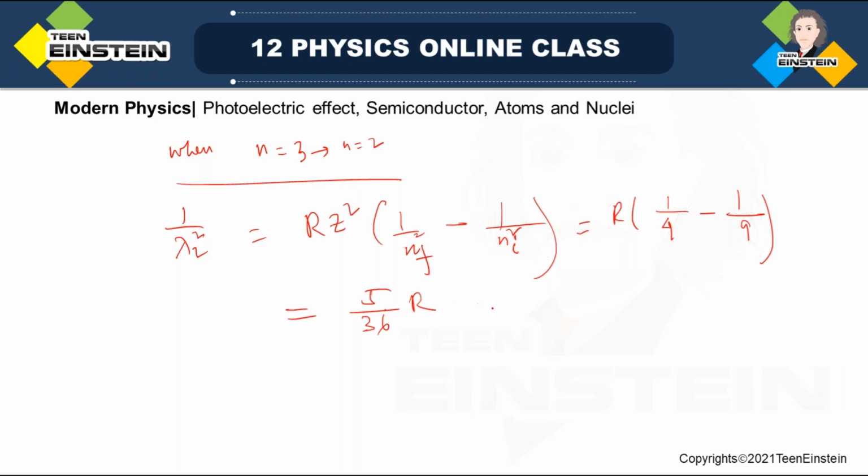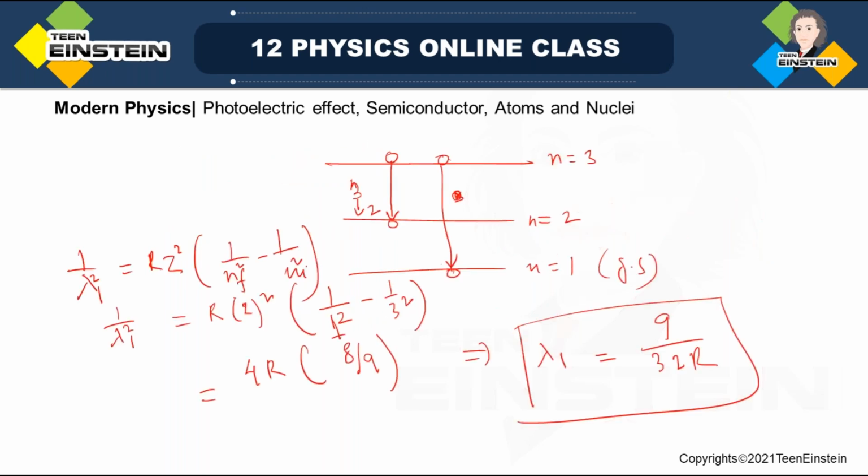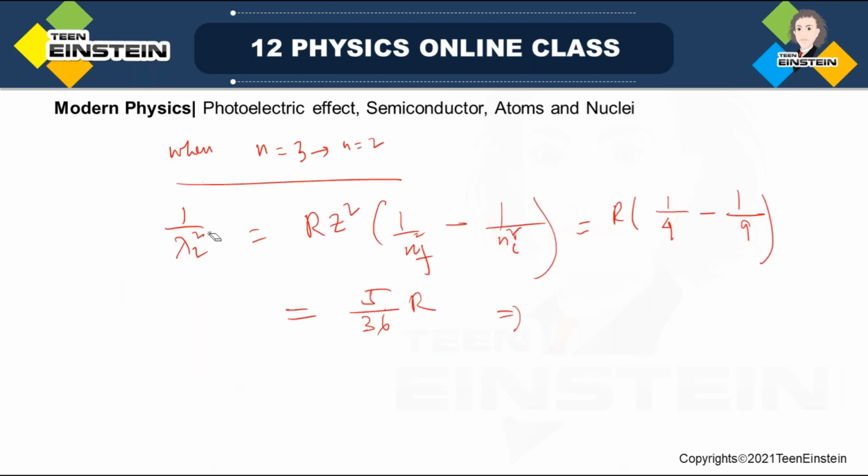Okay, I'm sorry, these are actually not square. I have written by mistake, this is not square. Just 1 by lambda here also, this is 1 by lambda. So this will give you lambda equal to, so Z square also was there, right?